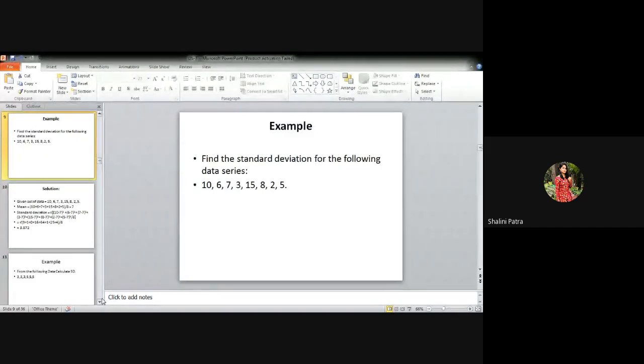Here you have to go root of 10 minus 7 whole square plus 7 minus 7 whole square, and so on for each value, the whole divided by 8.